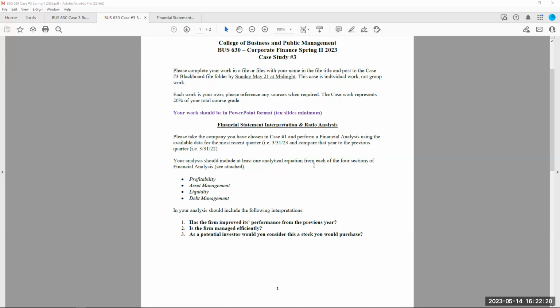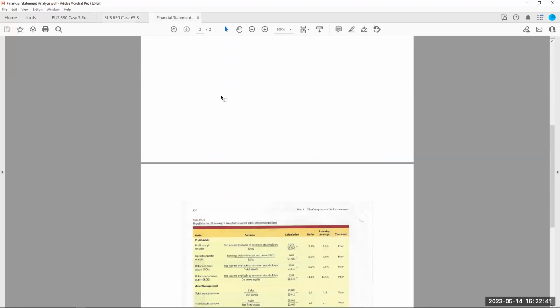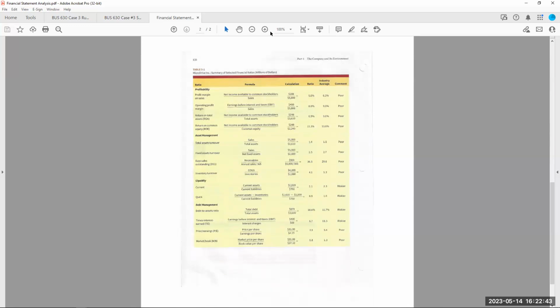We're into the month of May, so all March 31st financials should be posted. But if you are having trouble finding that data, please let me know during the course of the week. Your analysis should include at least one analytical equation from each of the 4 sections of financial analysis: profitability, asset management, liquidity, and debt management.